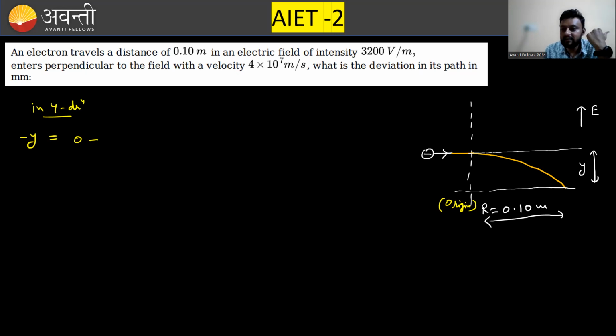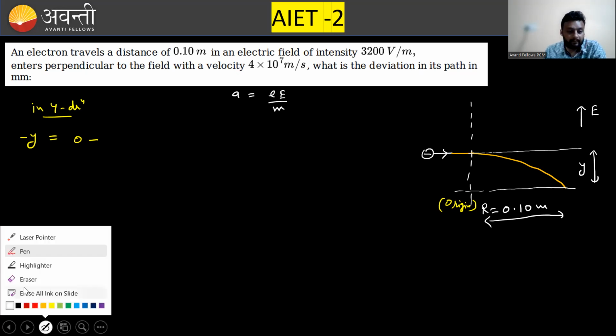Why am I taking minus? Because of the acceleration, just write down the acceleration. You can see that this is an electron. So acceleration will be in the downward direction. So what is the acceleration? E by m.